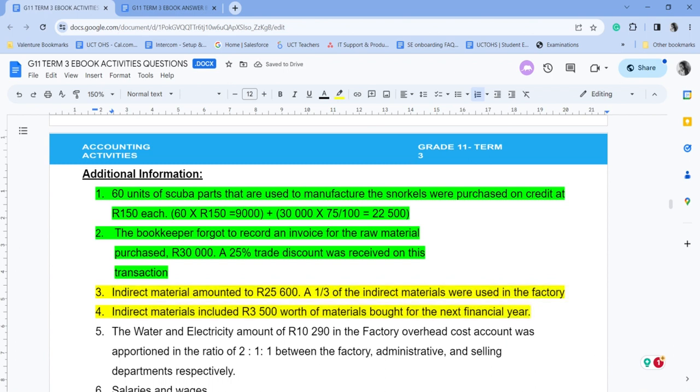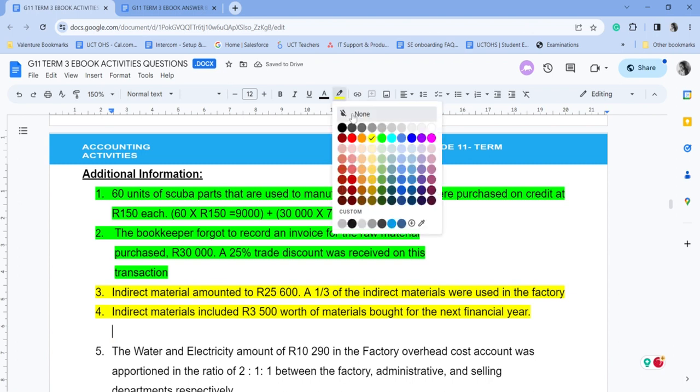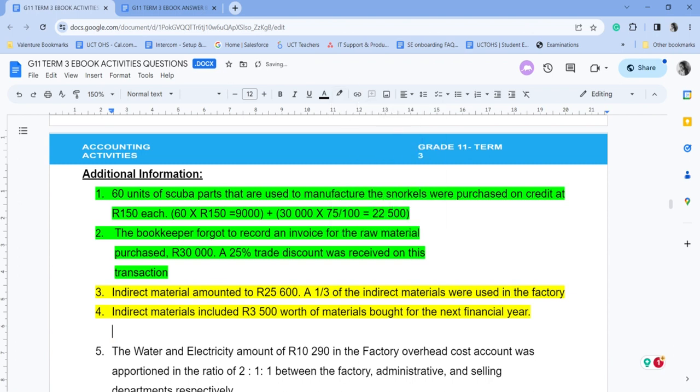Okay, so here they're telling us, I'm just going to make space here to do my workings. They're giving us information and they're telling us that 25,600 is the cost of indirect material.